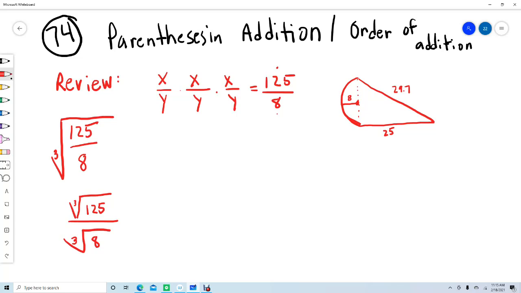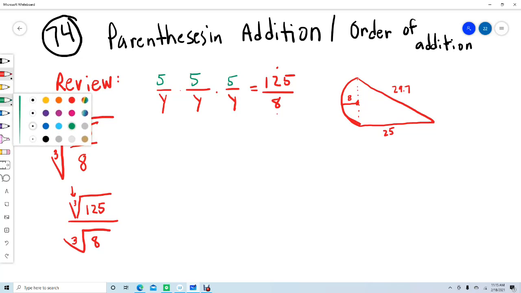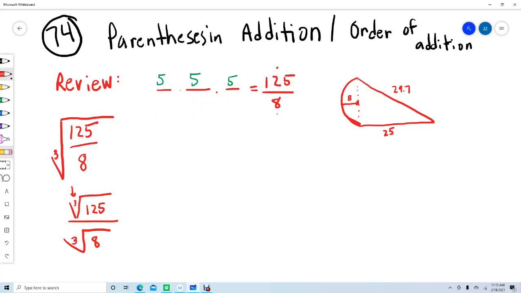If you recall, the cube root of 125 is 5. This asks me what number multiplied by itself 3 times gives me 125, and that's 5. 5 times 5 times 5 is 125. And then we carry out the same approach with our new denominator.